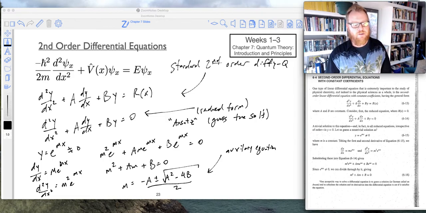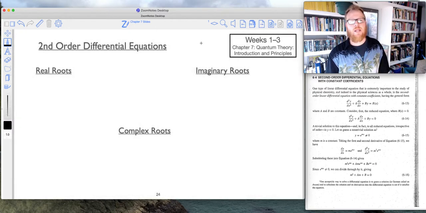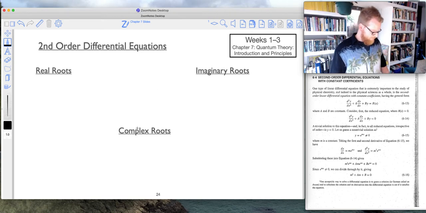We take the first derivative and the second derivative, and we set this up, and it becomes a quadratic. Beautiful. Now when we solve this quadratic, we're going to get three possible outcomes: real roots, imaginary roots, or complex roots.